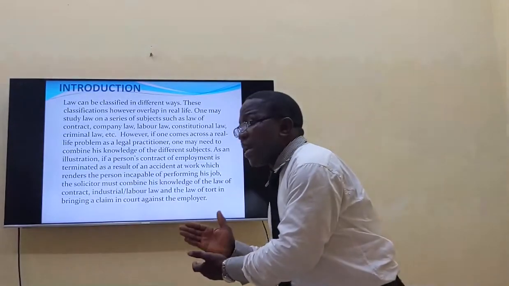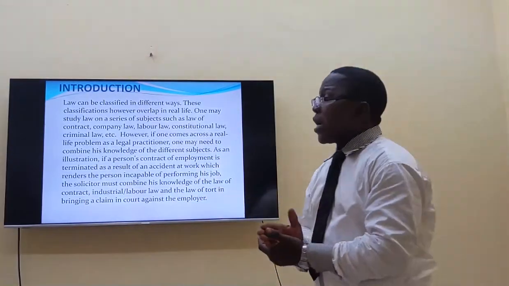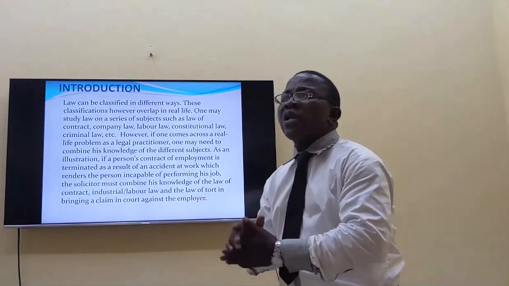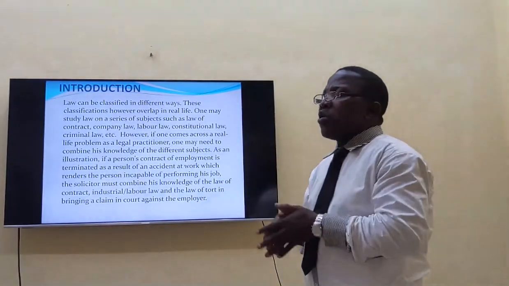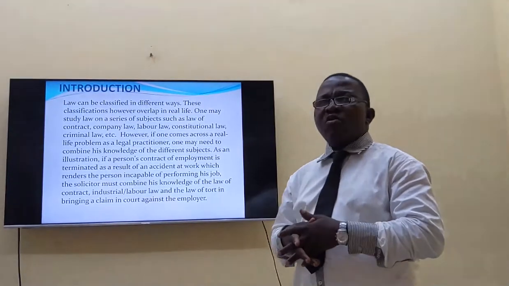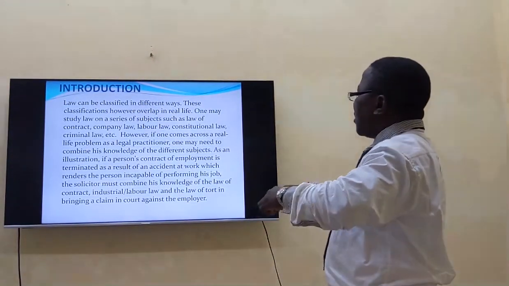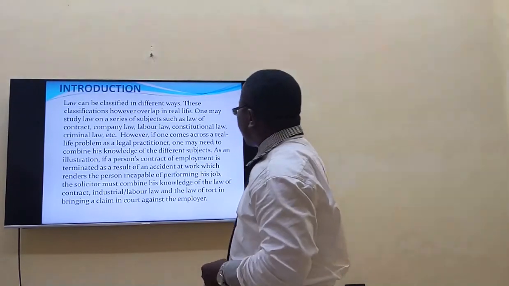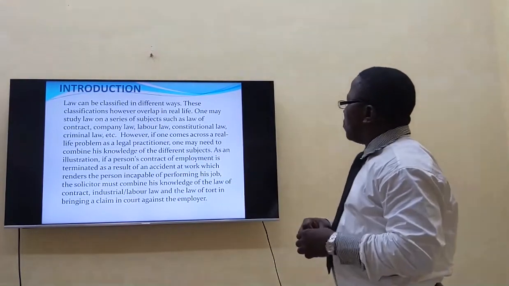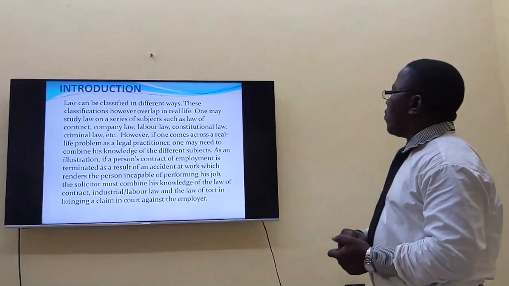You can equally find aspects of criminal law in it. You can equally find aspects of administrative law and all other arms of law in just one scenario. So it is incumbent on the legal practitioner to be able to decipher and separate all those branches so that he can get justice for his client.